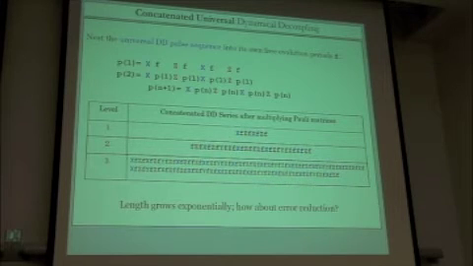So is this any good? Can we really expect something like what happens with concatenated error correction codes, that we're going to gain by this construction? Well, remember that idea that dynamical decoupling is like renormalization. It renormalizes the system-bath coupling. The idea behind this is to continue the renormalization.